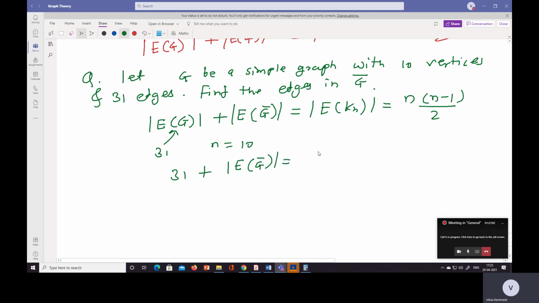is equal to 10 into 10 minus 1 by 2, which is 45.